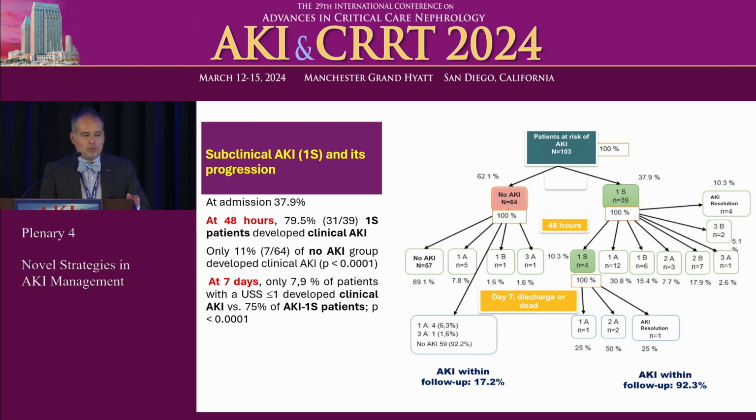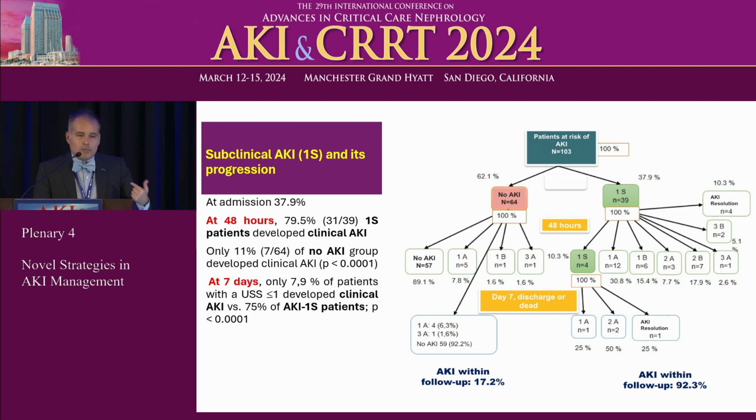That's almost 80% of the patients, if you compare to just 11% of the patients who at admission had no AKI and subsequently developed clinical AKI by KDIGO guidelines criteria.